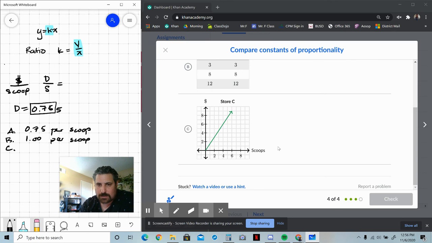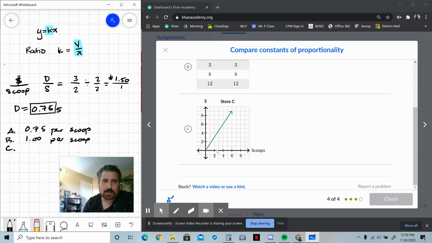C over here says that we've got, okay, where is a clear point that we can look at? So you just follow the line, find one that's perfectly on the grid. Looks like that's pretty good right there. So 2 scoops cost $3. If 2 scoops cost $3, and you divide top and bottom by 2 to get your unit price, you're going to get 3 halves or $1.50 for every scoop.